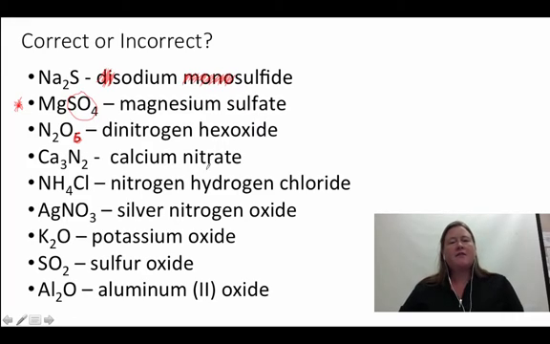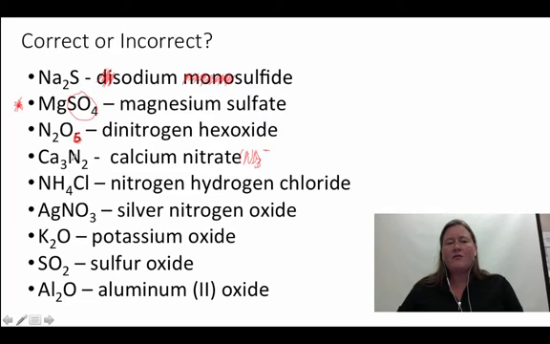Now the name says calcium nitrate. All right, nitrate, I look on my polyatomic ion chart, my cheat sheet. And it says that nitrate is NO3 with a -1 charge.